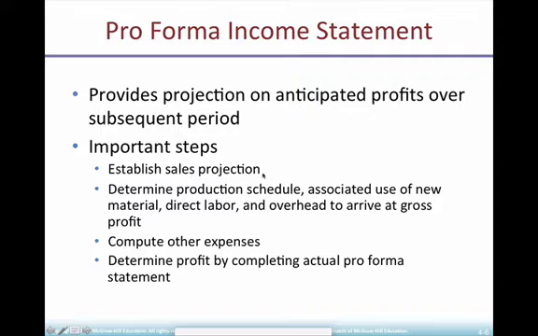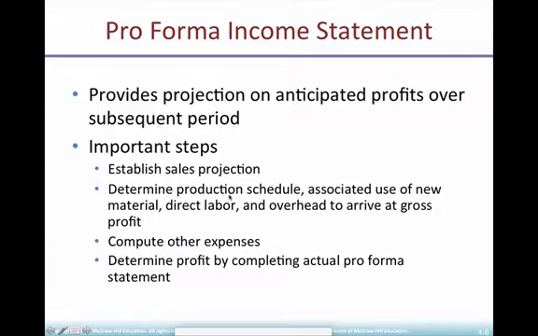we have to figure out first the sales projection, how many units of each of our products we want to sell the next period, next year usually. And based on our forecasted sales, we have to calculate the production schedule, how many units we have to produce, because the number of units that I want to sell are not equal to the number of units that I want to produce. Why?